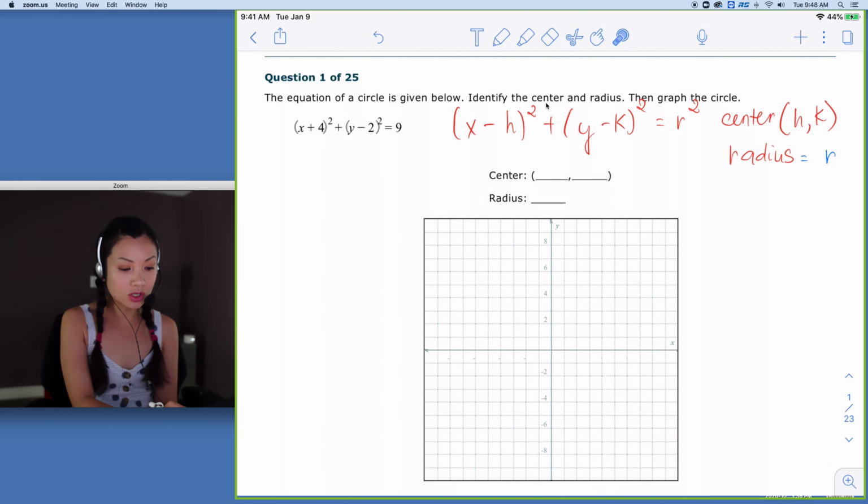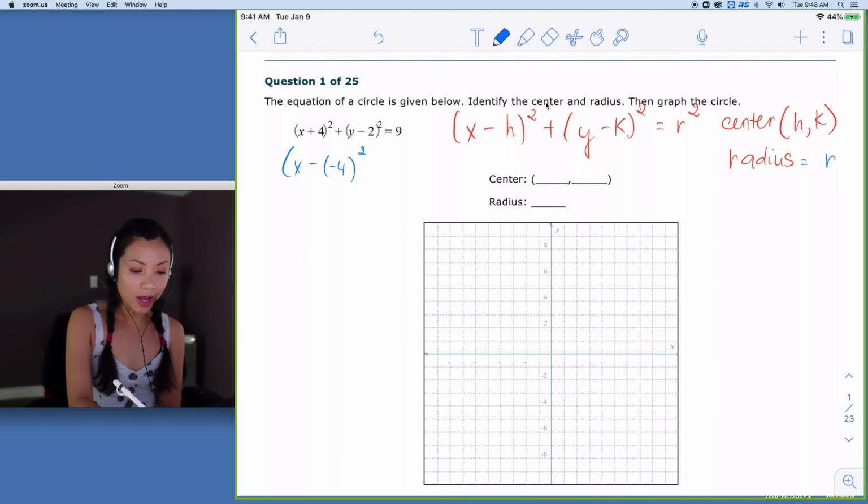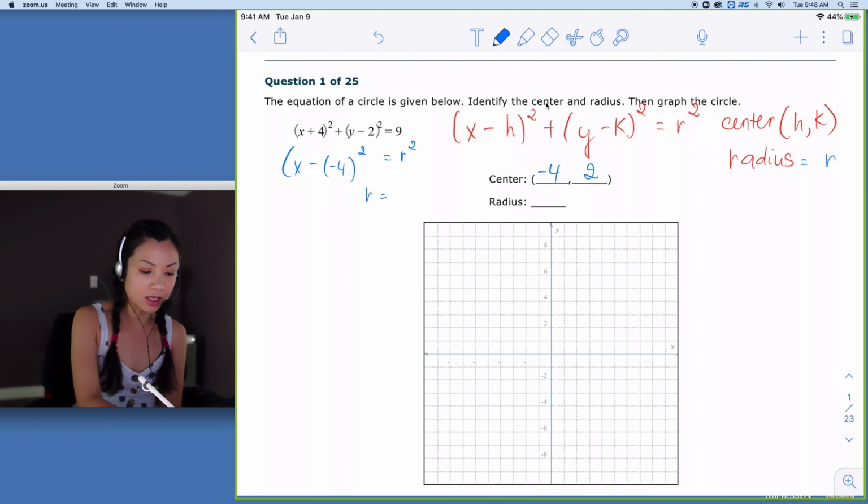So the center, you can see that is plus 4, which is x minus negative 4. So for x it's going to be negative 4, for y it's going to be 2, and don't forget this is r squared, so r is going to be 3.